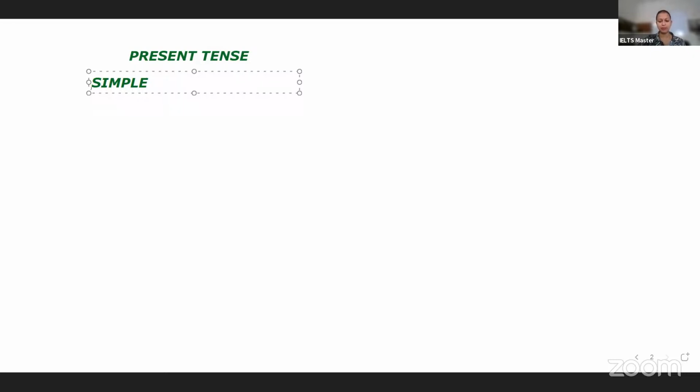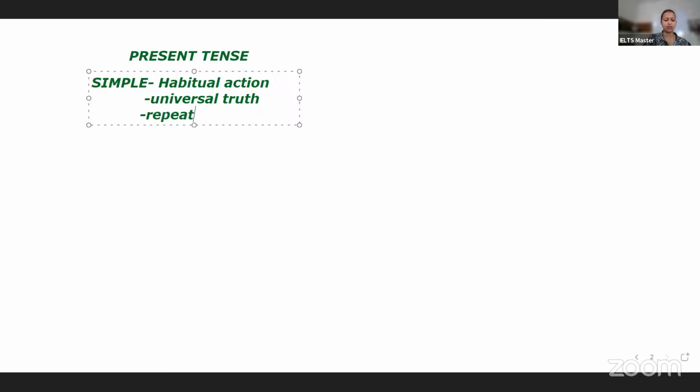We use simple present when we are talking about a habitual action, when we are talking about a universal truth, when we say something about repeated actions. Now we have different forms in simple present.